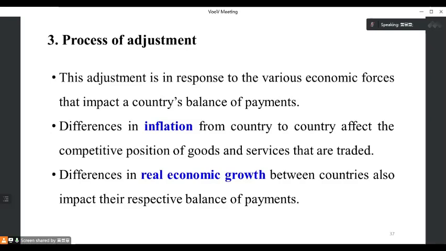It means that when there is a difference in inflation between the two countries, it will affect the two countries' competitiveness of goods and services which are traded.